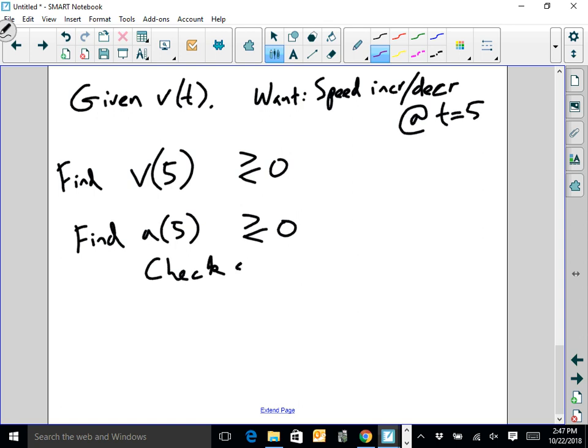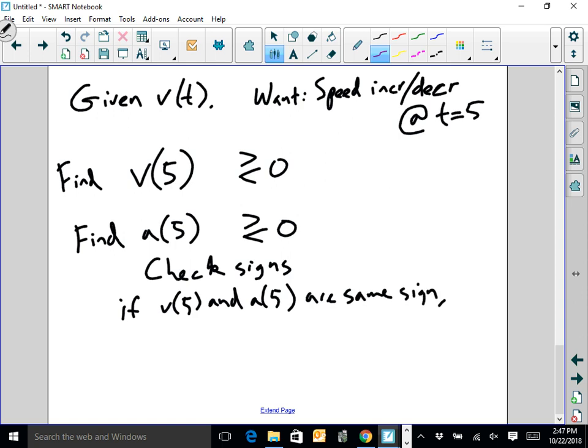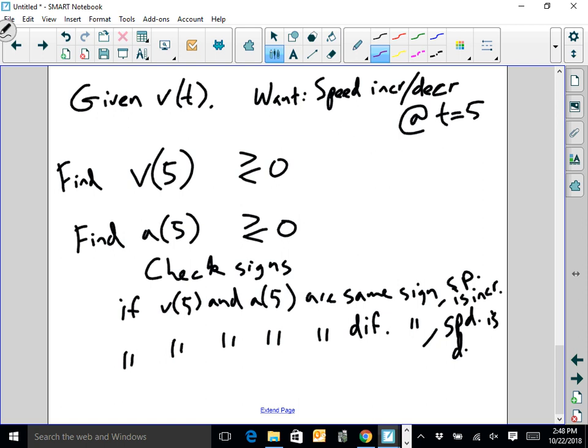If v of 5 and a of 5 are the same sign, speed is increasing. If v of 5 and a of 5 are different signs, then speed is decreasing. Okay?